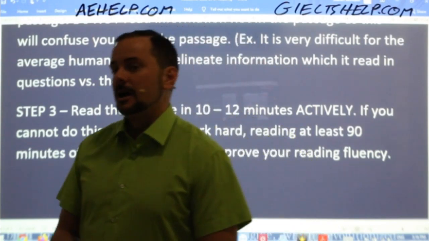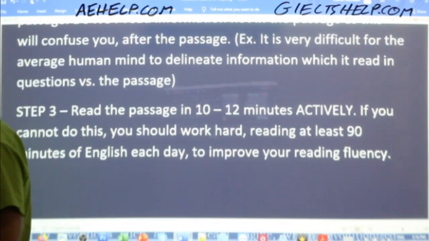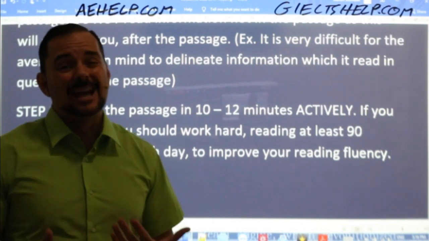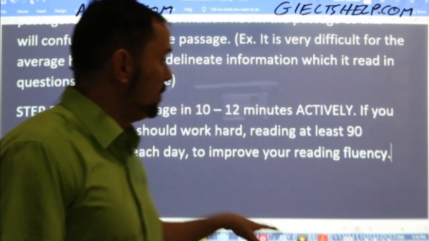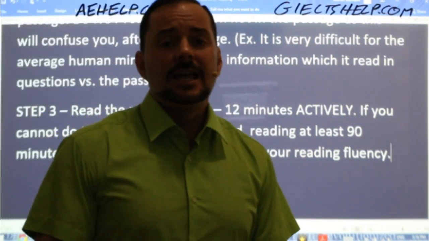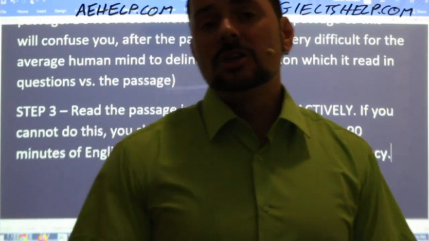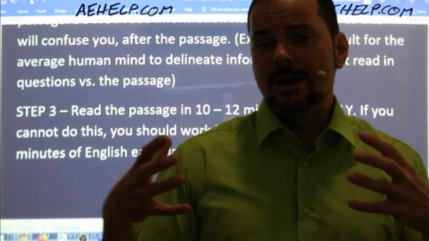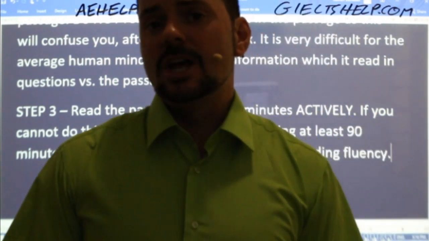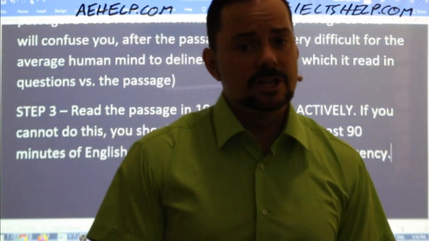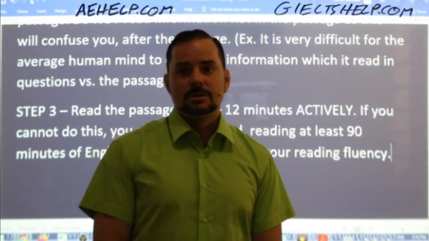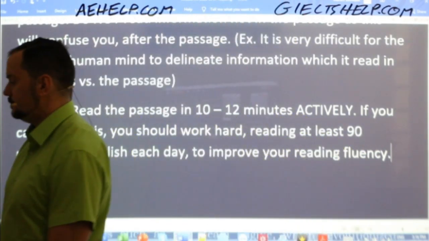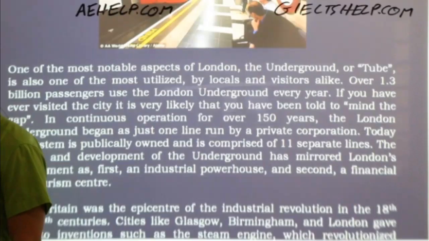You're not just rolling the dice here. Plus, for you academic students, if you cannot read one of these passages in 10 to 12 minutes, you will find the amount of reading material in your college and university very challenging, if not impossible. So you have to have that reading fluency.